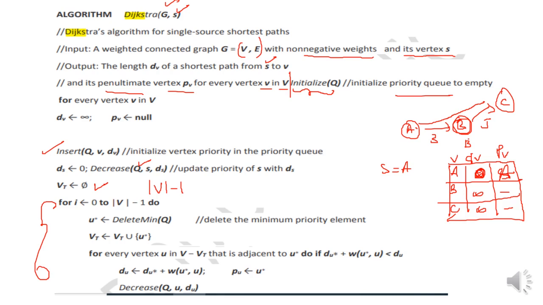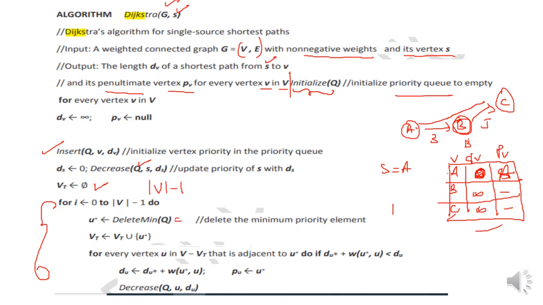What's the meaning of that? You are going to select that vertex which is having the smallest distance. So in this case, if you consider this as one priority queue, the vertex that is having the smaller distance is A. So let us add that in the VT, so that's why delete will be called.